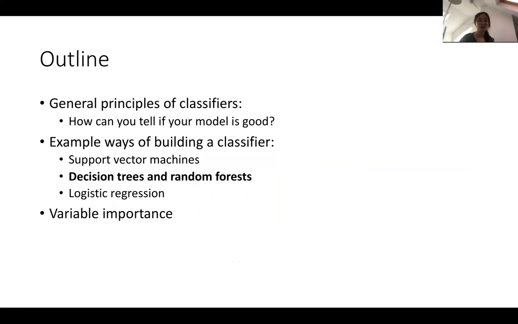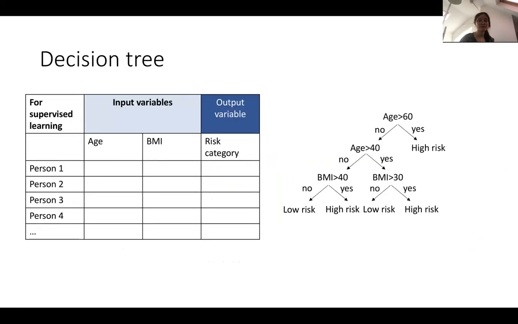Next, we'll cover decision trees and random forests. Here's an example of a decision tree where the input variables are age and BMI, and the output variable is risk category. In a decision tree, you can learn a model where a series of yes or no questions are asked, and through that, you can make your way through the tree.